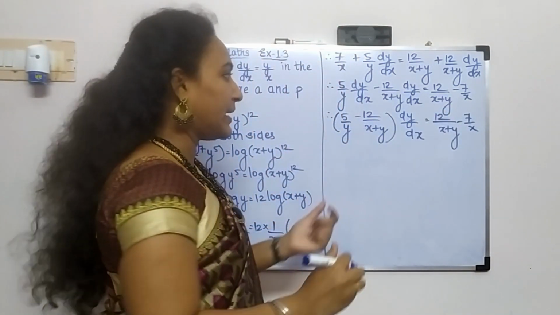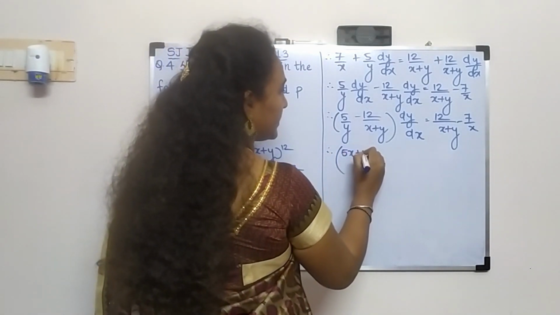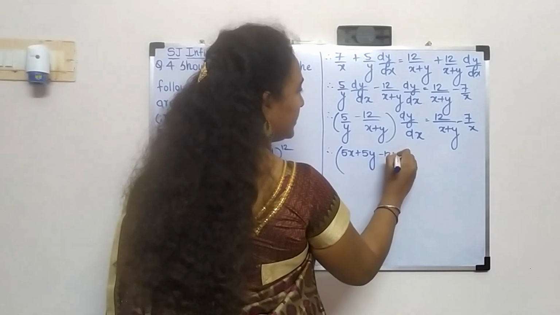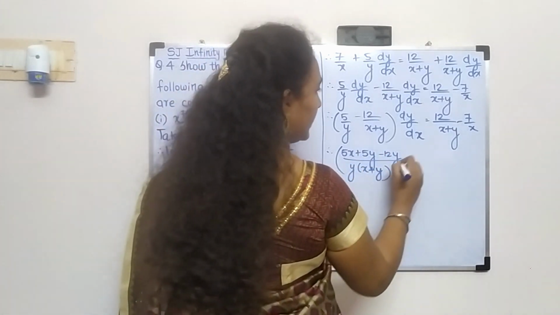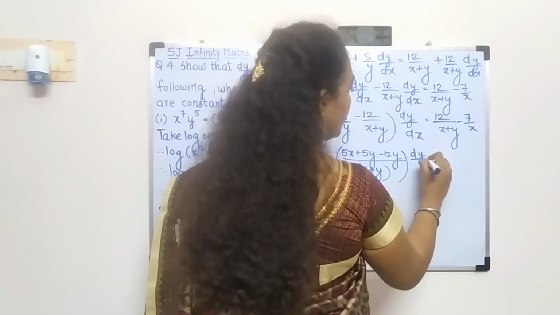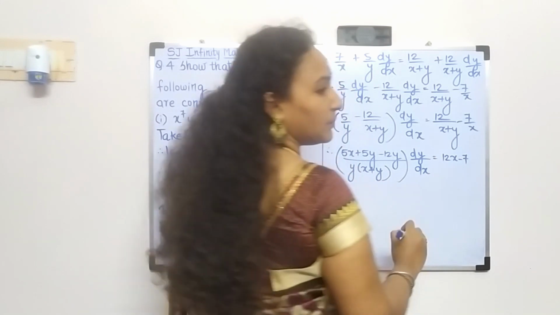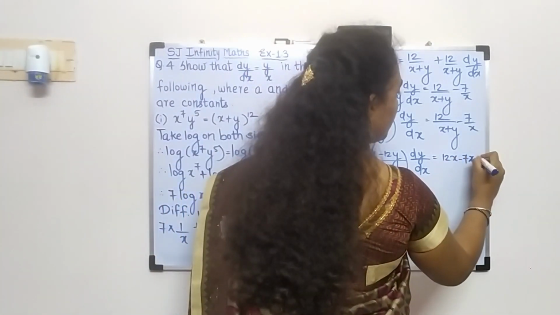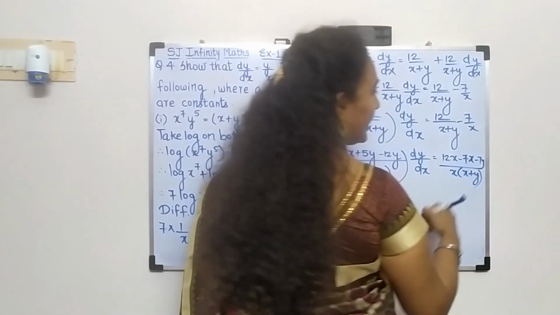Let us cross multiply this. Therefore, we get 5x plus 5y minus 12y upon y into x plus y, dy by dx, is equal to 12x minus 7x minus 7y upon x into x plus y.